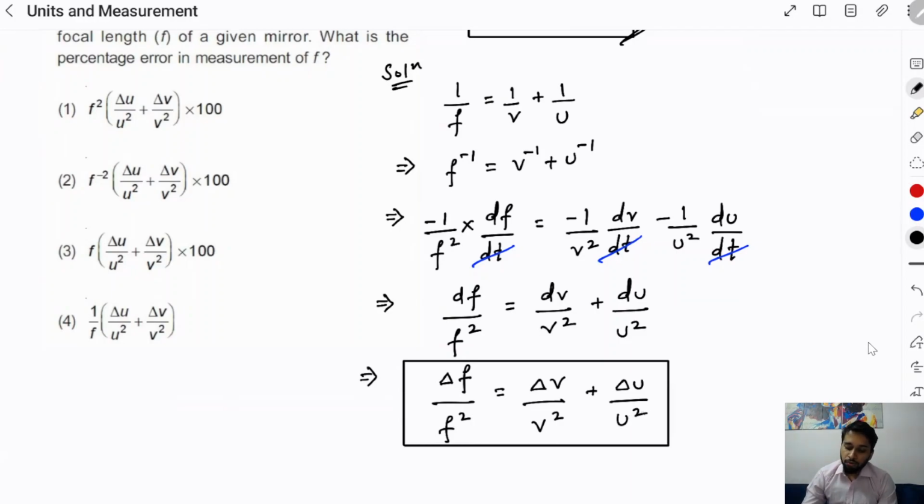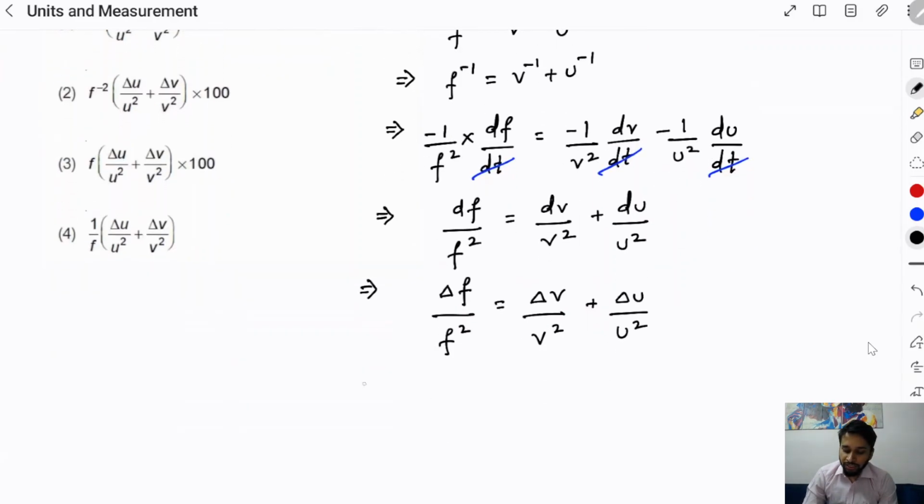Now here what we need is the percentage error in F. So for that we need to figure out the relative error. Relative error, that is delta F by F, will be equal to delta V by V square plus delta U by U square into 100.